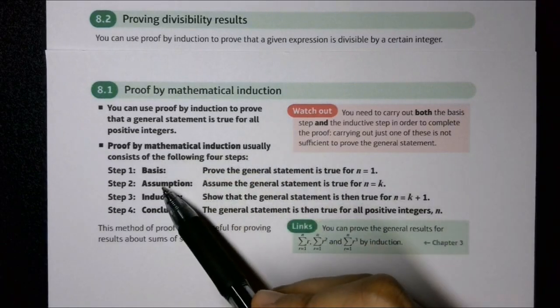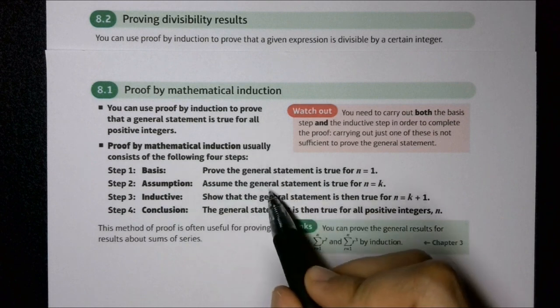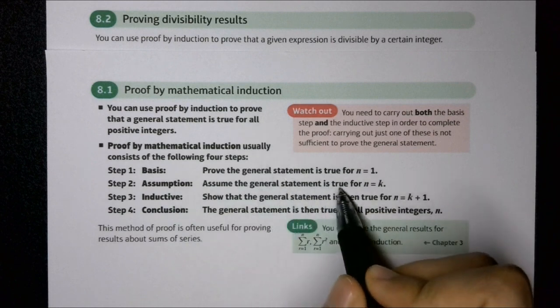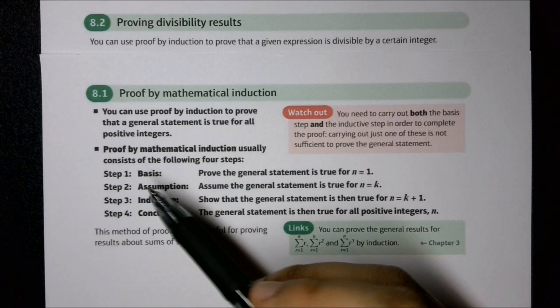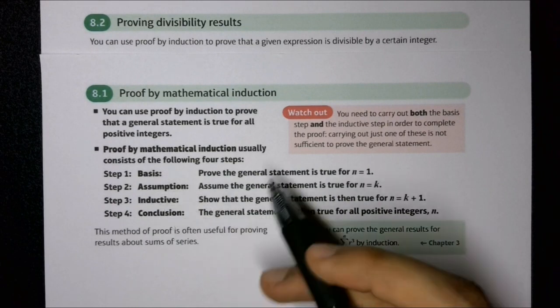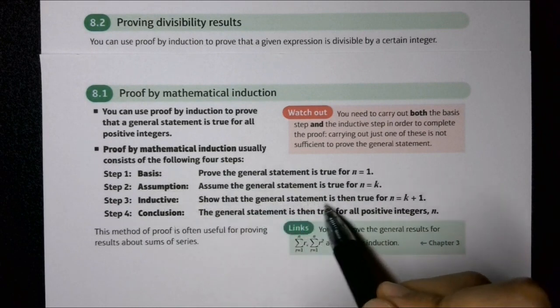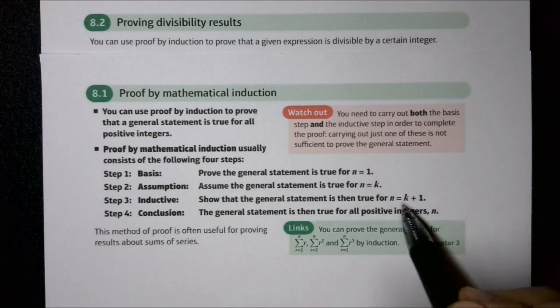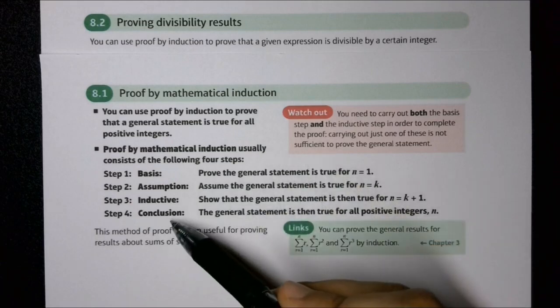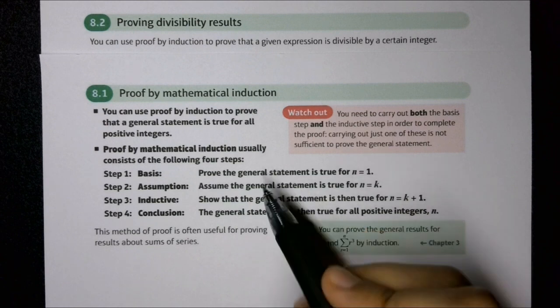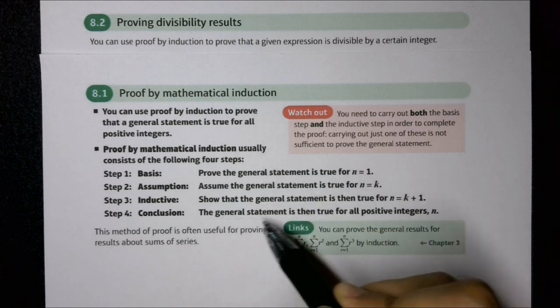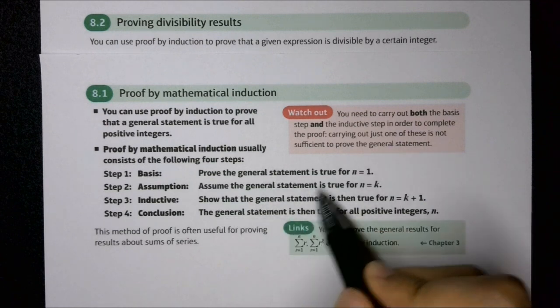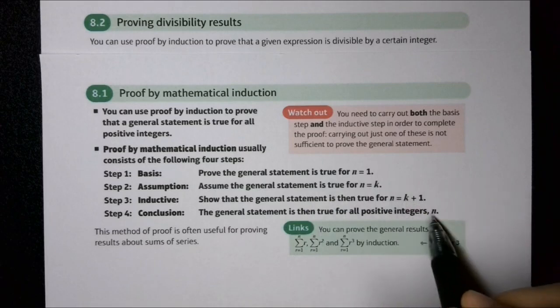We then move on to our assumption step, where we assume the general statement is true for n equals k. We then move on to our inductive step, where we show that the general statement is then true for n equals k plus 1. And finally, for our conclusion step, this is a general statement which shows that the result is true for all positive integers n.